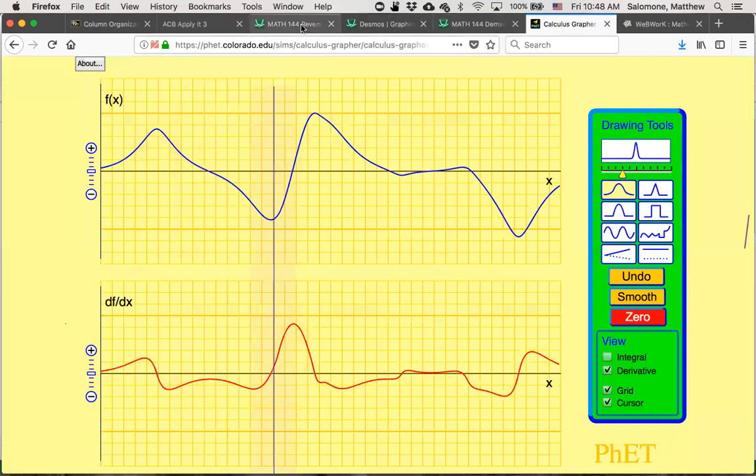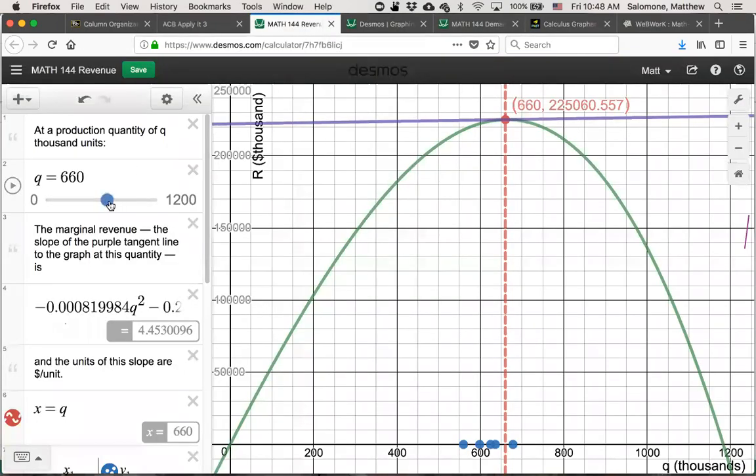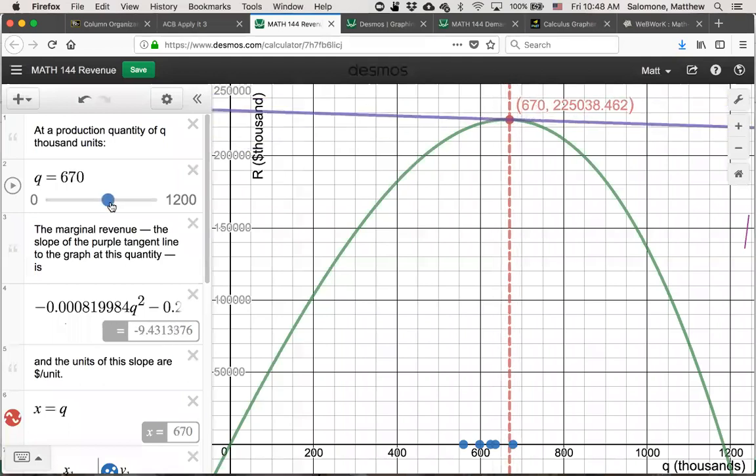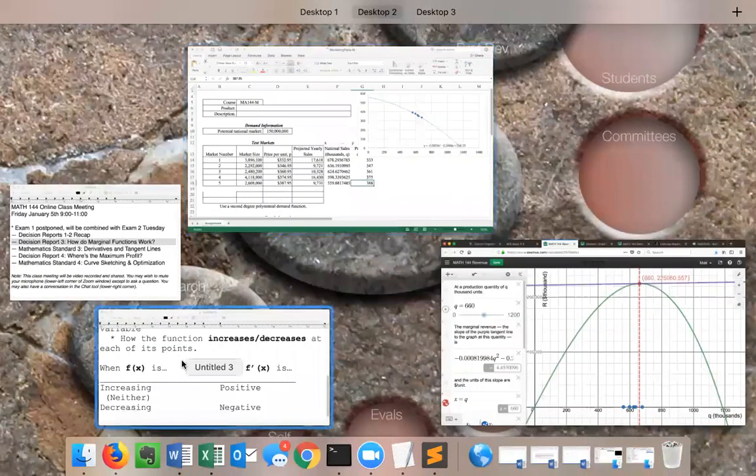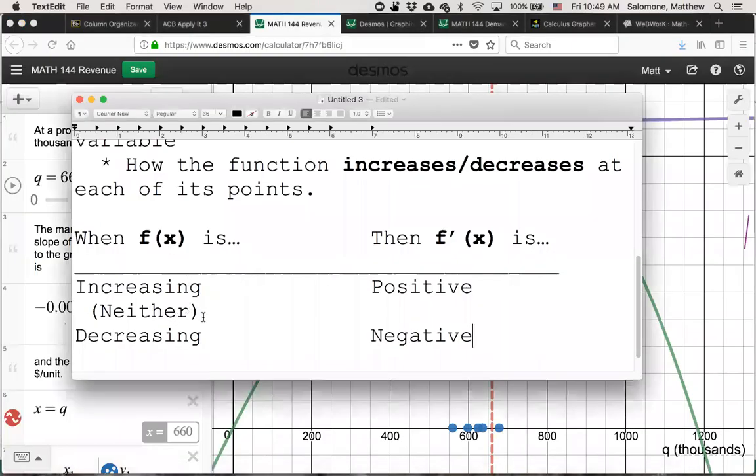Well, that's because at those points, my tangent line, at the top of my hill here, is neither going to be going up nor going down in slope, right? My tangent line is going to be horizontal. So the observation here is that at those points, my function is neither increasing nor decreasing. So I could maybe even say here, the tangent is horizontal.